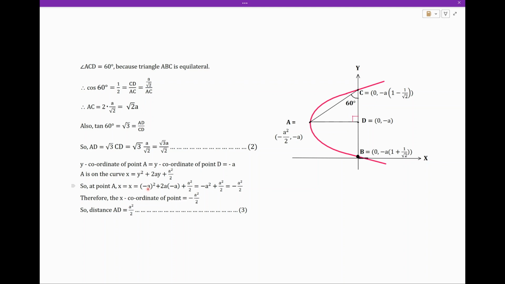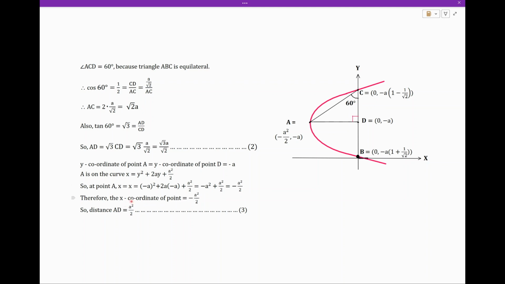What we have done here? We have put in the y-coordinate of A in this equation, and that is equal to minus a square plus a square by 2, and that is equal to minus a square by 2.